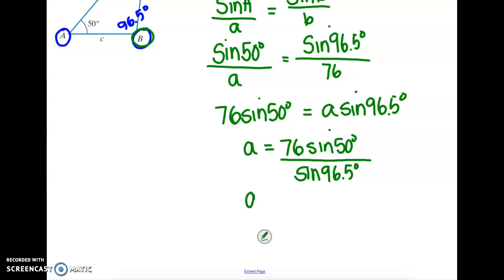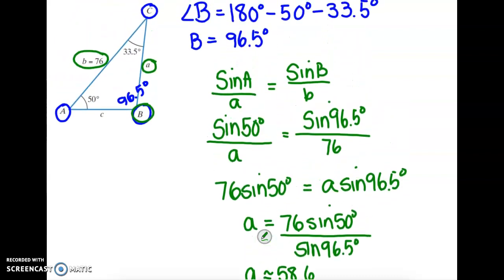When we're done, we substitute in our calculator and we get A to be about 58.6 units. So again, go back up into your triangle and label that length, 58.6.